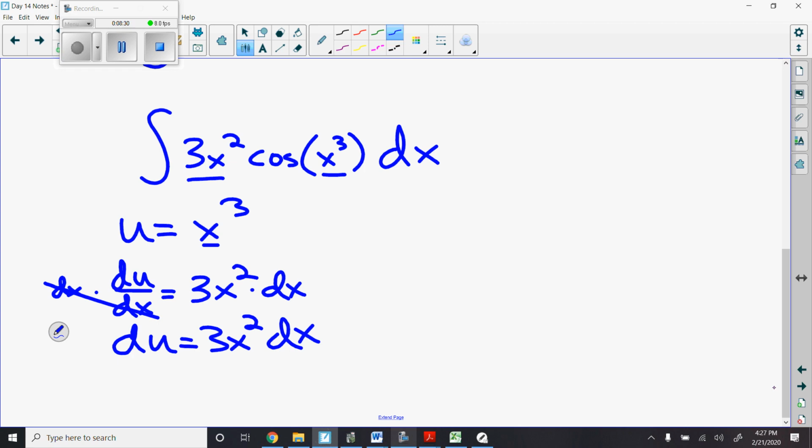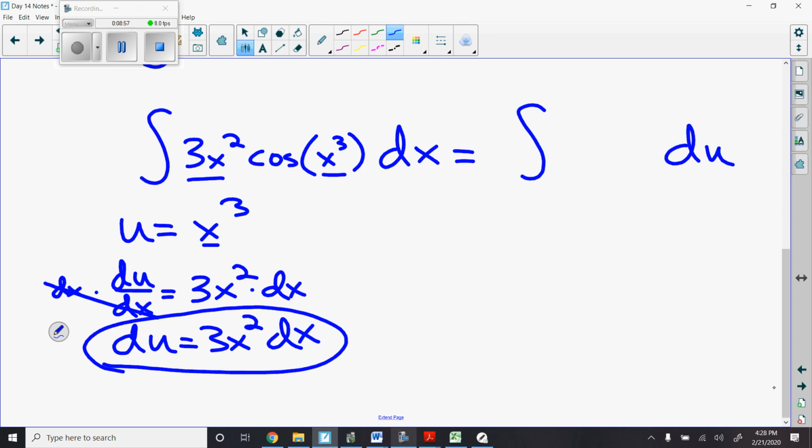I'm just going to put an equal sign here and write a new integral in terms of u. Now, plugging du into the integral, I have an equivalency here: du is equal to 3x squared dx, right down here.